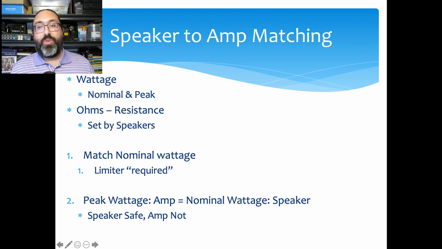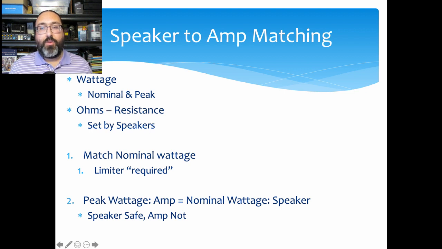Now, resistance, which we'll brush over, is notated by ohms. This is set by the speakers. The speaker and the cable is what gives resistance in the system. Based upon this resistance, you know what that amplifier's wattage can handle. Because if it's only 4 ohms, that amp might be able to produce one wattage, and if it's 8 ohms, it'll be able to produce less wattage because it'll have more resistance on that system.